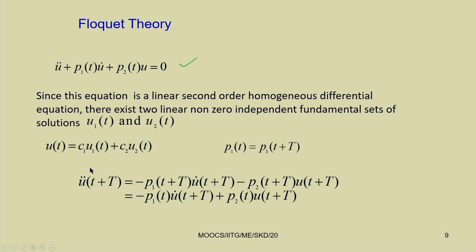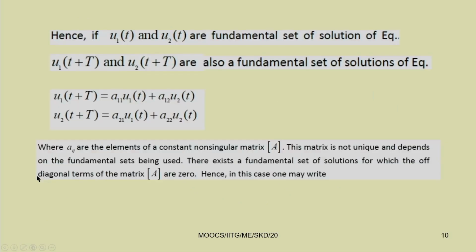We have seen that u1(t plus T) is also a solution, and it can be written as a11 u1(t) plus a12 u2(t). Similarly, u2(t plus T) can be written as a21 u1(t) plus a22 u2(t), so that you can write a matrix equation for u1(t plus T) and u2(t plus T).